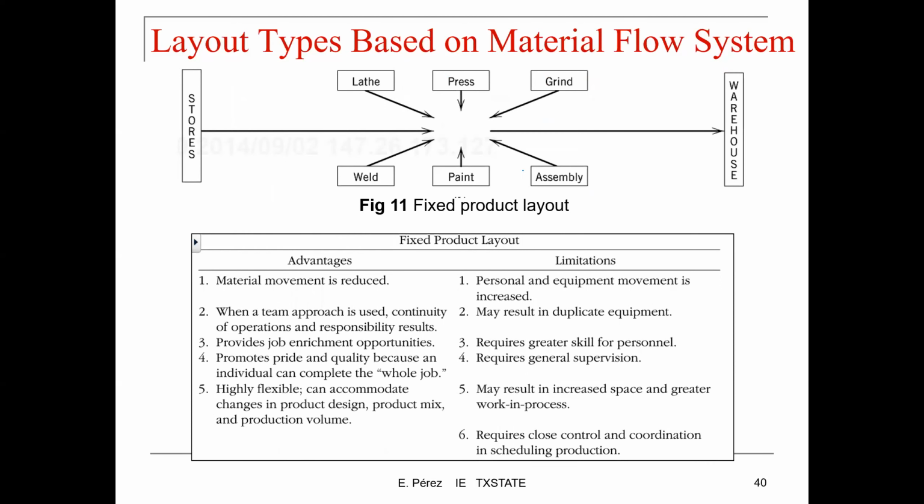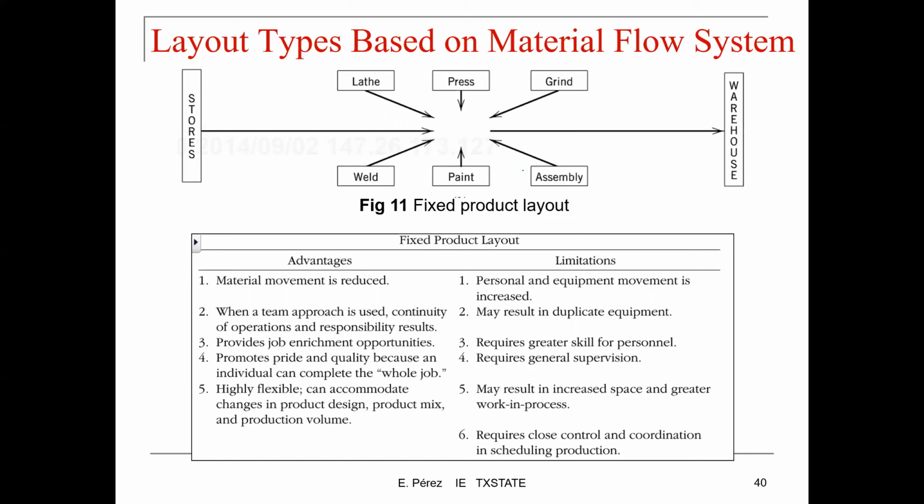Then we have the fixed product layout. This is like what I mentioned, the airplane, where everything comes together in the same location. So you're bringing the production to that location where you're assembling the product. Advantages: material movement is reduced.